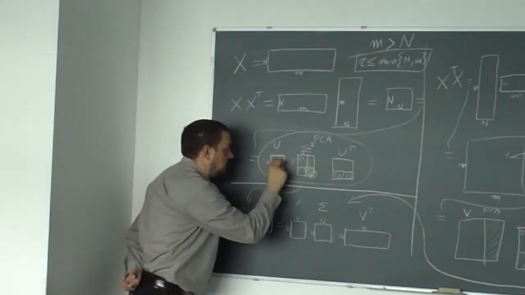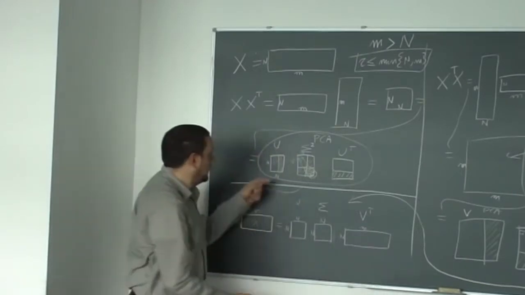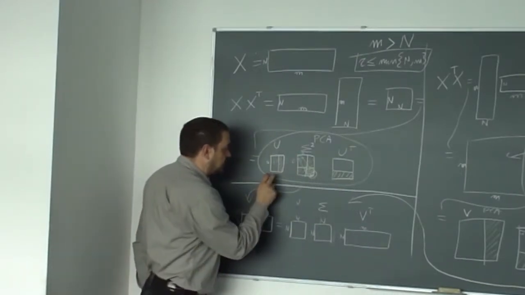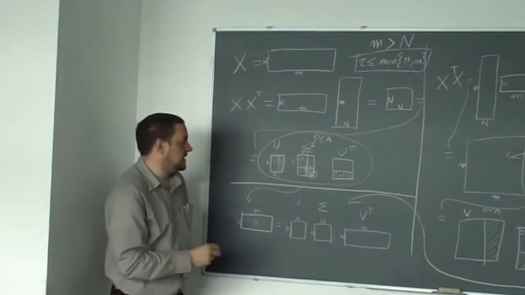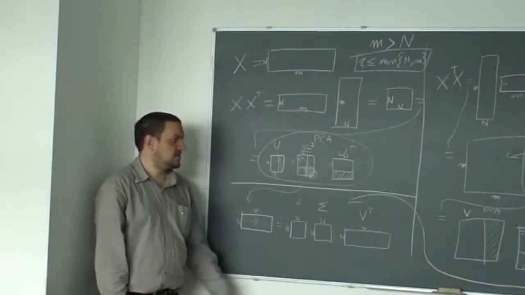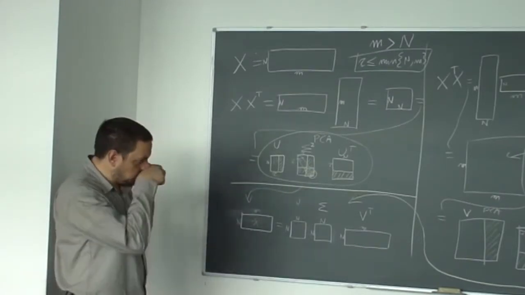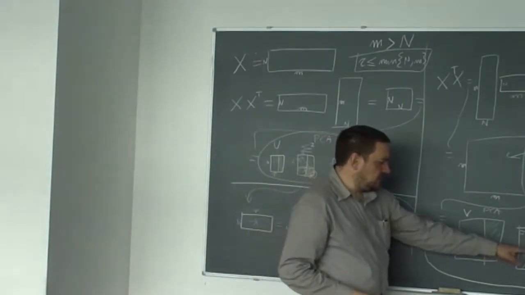and the final columns here, leaving U as an N by R matrix, and U transpose as an R by N matrix. And the same can be done here.